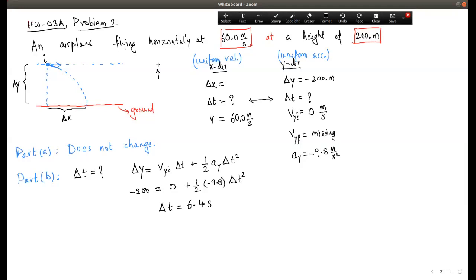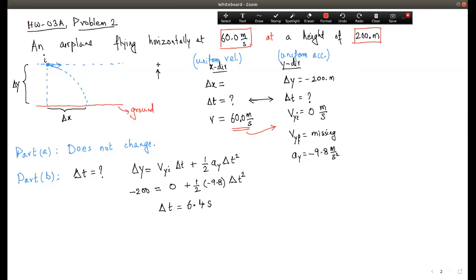And that's our delta t, but that's not the complete story of part B. It also asks, how will this time change if the airplane was moving faster or slower? Notice what has happened in all this calculation. This quantity, the horizontal velocity, let me draw that in red, did not contribute to the y direction.